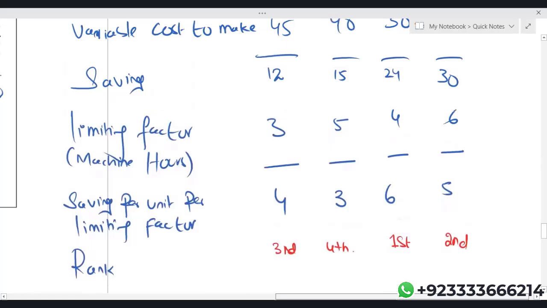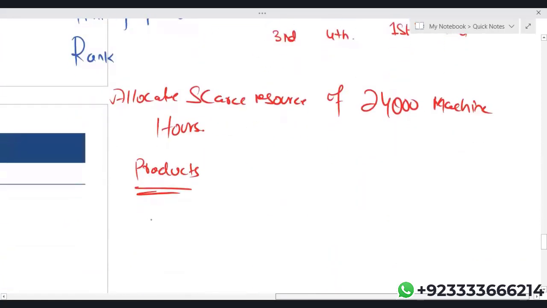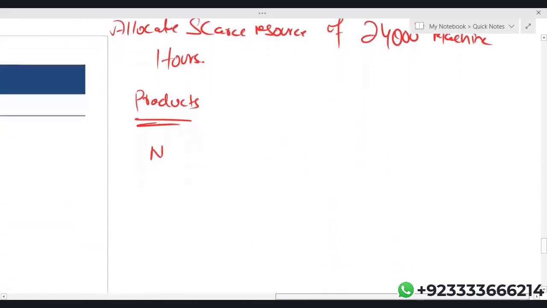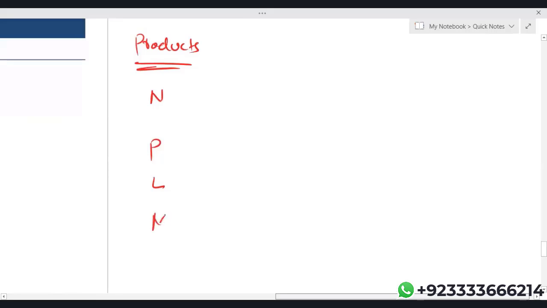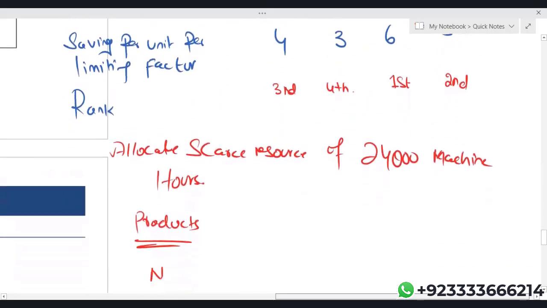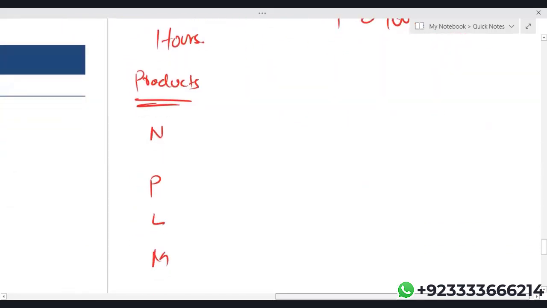So it has to be N, P, L, and M. Let's see. Demand, machine hours required.